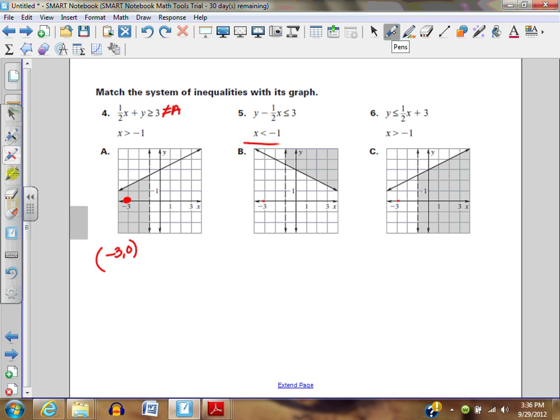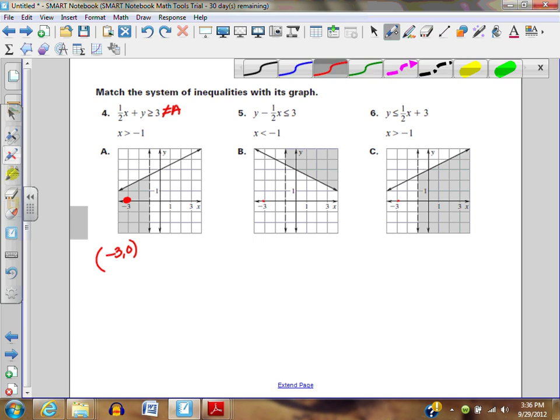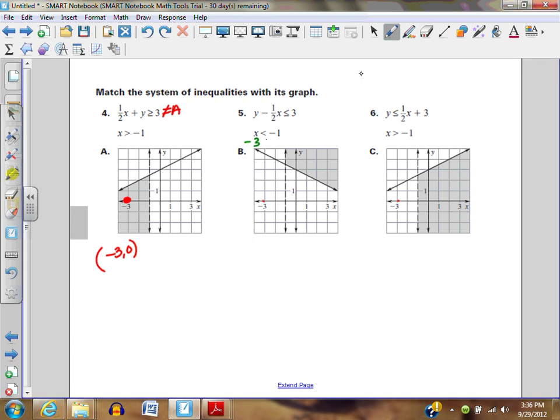Let's see if this can be A. I'm going to put negative 3 right here. Is negative 3 less than negative 1? Yeah, negative 3 is less than negative 1, right? So this has the potential to be the right one. Let me try it in the y.